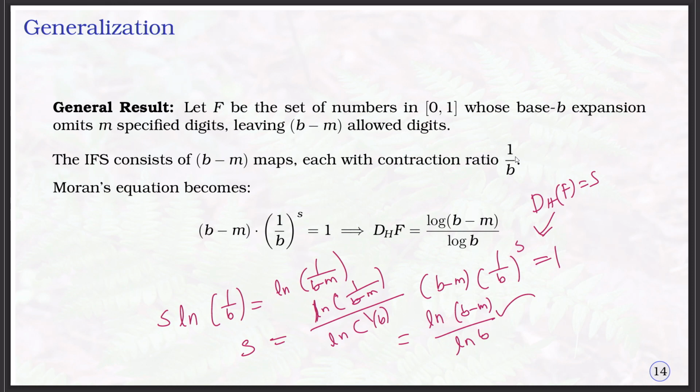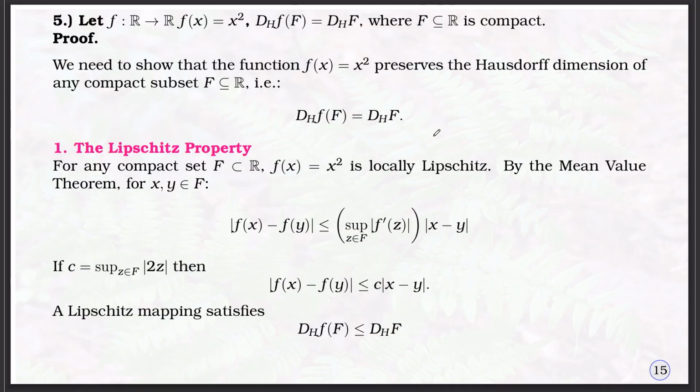If we omit m specific digits, leaving b minus m allowed digits, then the attractor has fractal dimension, that means the Hausdorff dimension, ln (b minus m) by ln b. Now, let us discuss one more example related with the Lipschitz mapping.